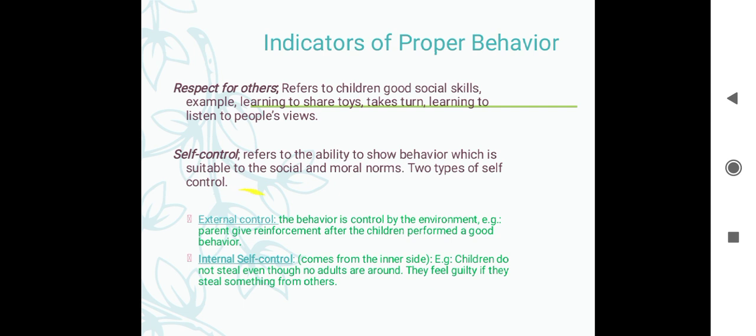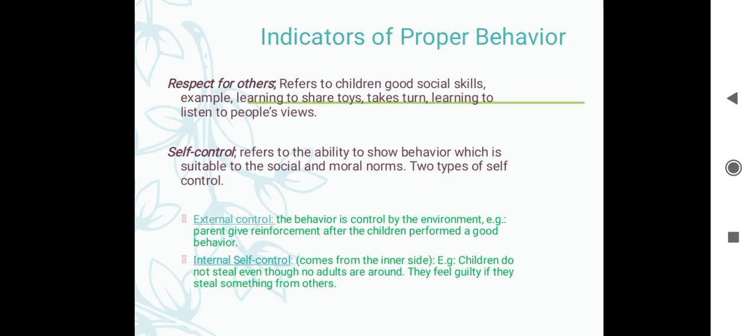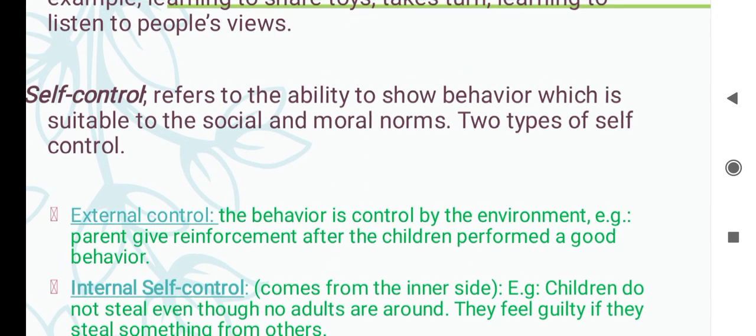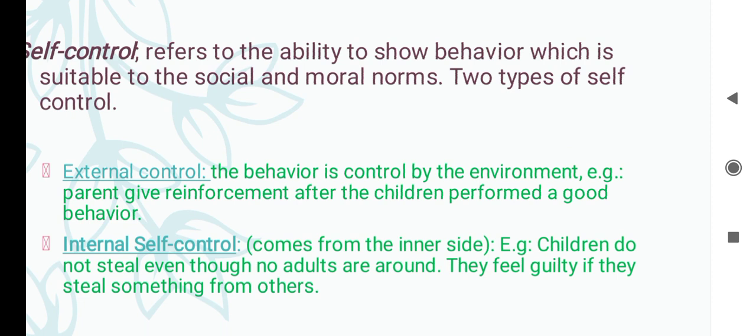All right, let us discuss what is external control behavior. External control means the behavior is controlled by the environment. Means they behave in such a way because of the situation, because of the surrounding, because of the environment. For example, parents give reinforcement after the children perform a good behavior.